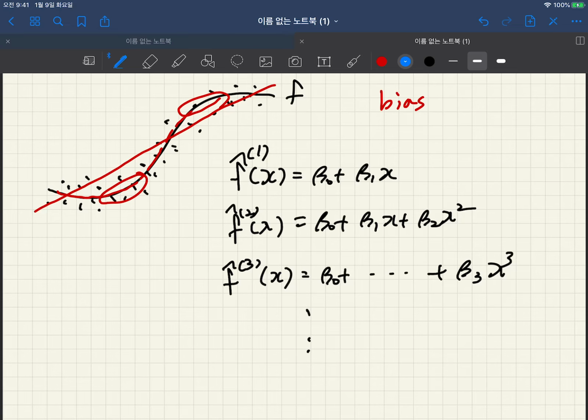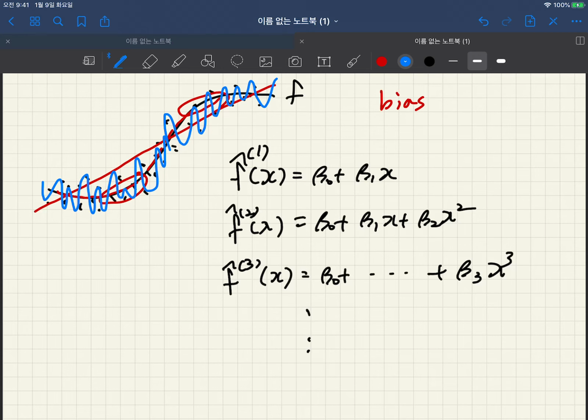On the other hand, if you increase the number of parameters, so you increase the order of polynomial. So let's imagine you use hundreds or millions of order of polynomial, then maybe the result looks like this. Because you have a lot of degrees of freedom, your model can follow all the training data points and you can make the training error almost zero, right?